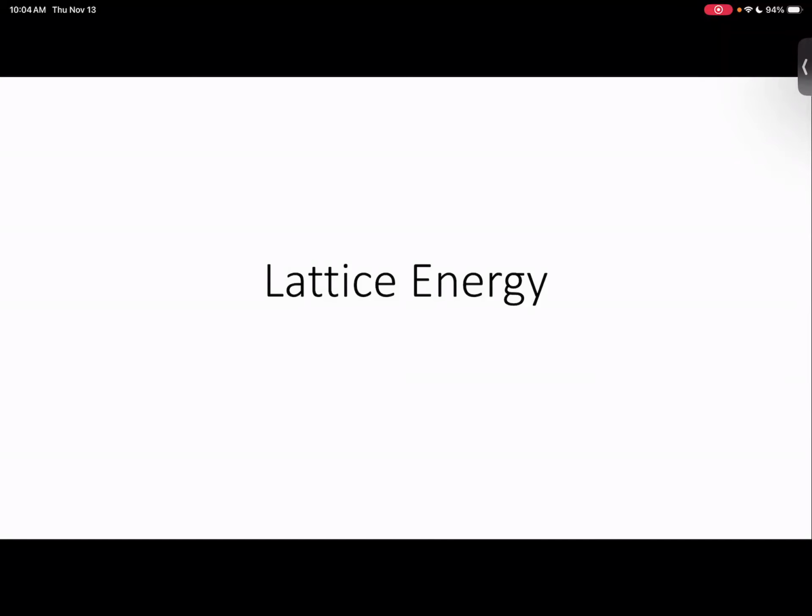Since then, we've introduced a lot of different topics. Well, actually, prior to that, we introduced the concept of ionization energy. Does anybody remember what ionization energy is? The energy to lose an electron to make a cation.